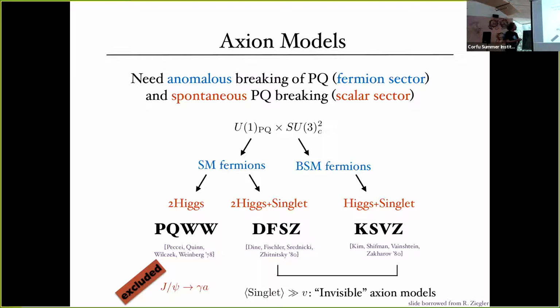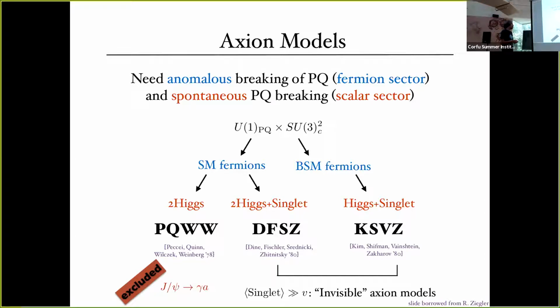So in fact, the one where the standard model fermions are charged under PQ symmetry and contribute to the QCD anomaly was first proposed by Peccei-Quinn, Wilczek, and Weinberg, but it was very quickly excluded, mainly because the PQ scale was of the order of the electroweak scale.